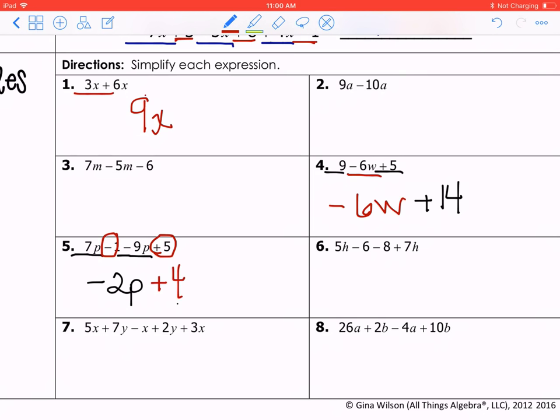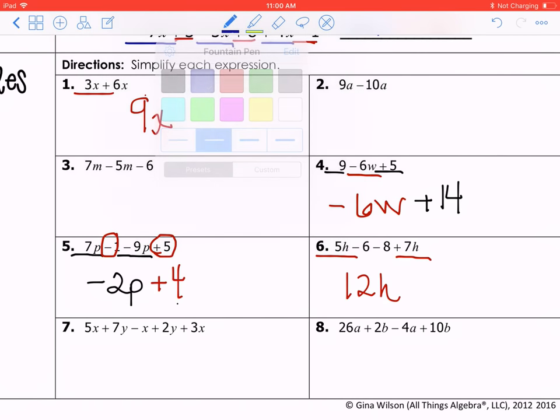Okay. Number 6, same thing. You have the variables of h. They're both positive, so you're going to add them to get 12. And then the constants are in the middle, the negative 6 minus 8, which is a negative 14.